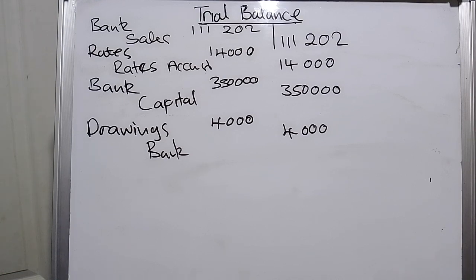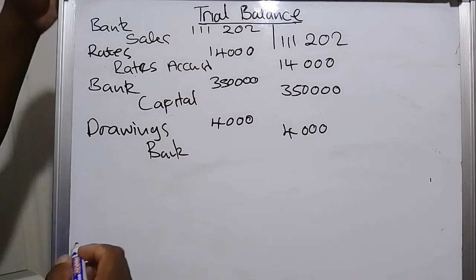We move on to statement number 4, which says there were preliminary expenses of 15,000.